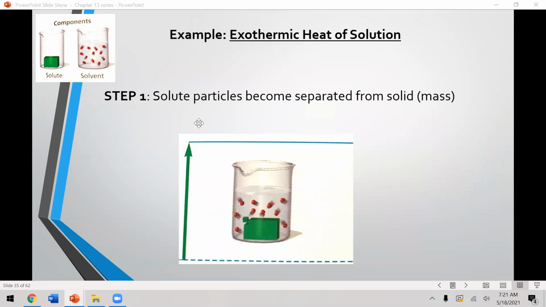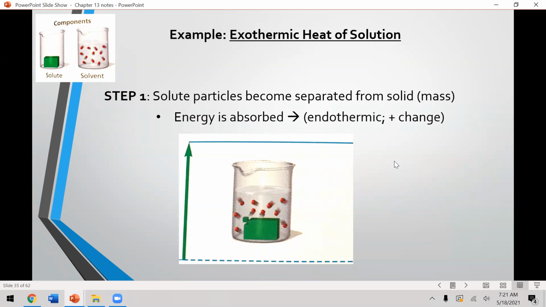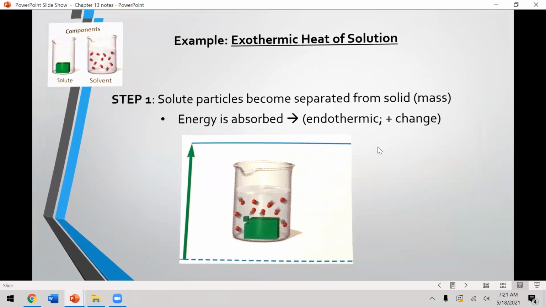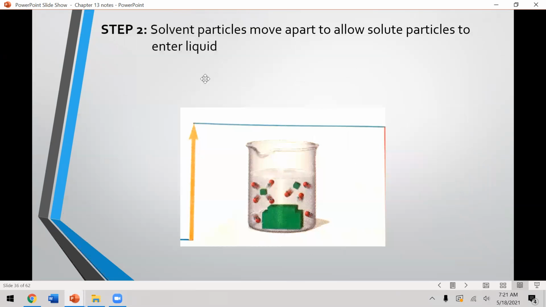Okay, so once again, here's an example of an exothermic heat of solution. In step 1, solute particles are becoming separated from the solid chunk, the solid mass. So we have an upward arrow, heat is being absorbed, endothermic, positive change. And then in step 2, the solvent particles are moving apart, allowing more solute to enter the liquid and be dissolved.